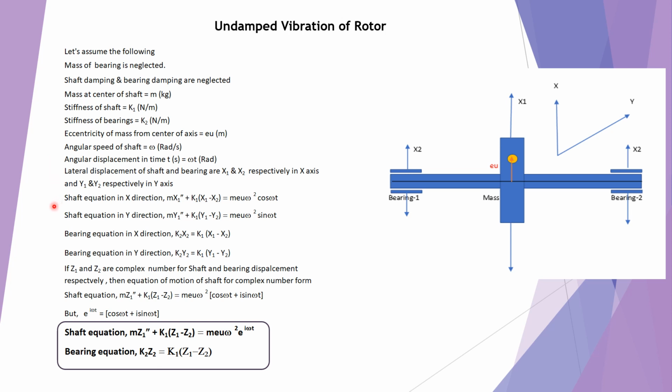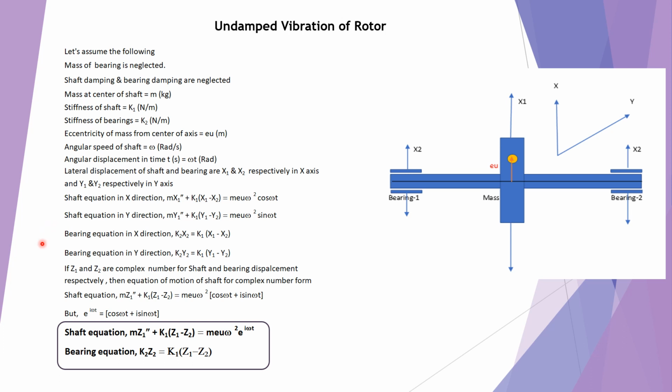Then the shaft equation in x direction: m x1 double differentiation plus k1 into bracket x1 minus x2 bracket close is equal to m into e_u into omega square into cos omega t. Similarly, the shaft equation in y direction: m y1 double differentiation plus k1 into bracket y1 minus y2 bracket close is equal to m e_u omega square sine omega t.